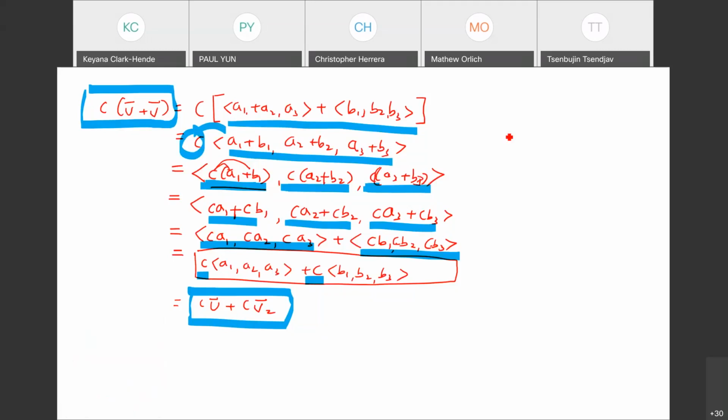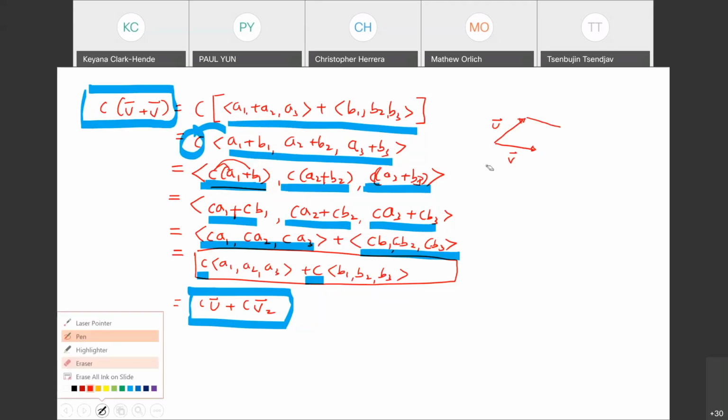Think about this. Suppose this is the vector u. Suppose this is vector v. How about this?